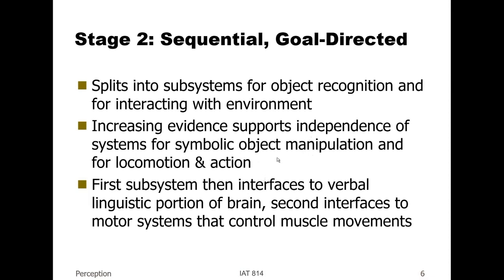The first system, the symbolic object manipulation one, then interfaces to the verbal and linguistic portion of the brain, the part of your brain I imagine you're using right now to understand the lecture, and the second, locomotion and action, interfaces to the motor system that controls muscle movements, and so on and so forth.